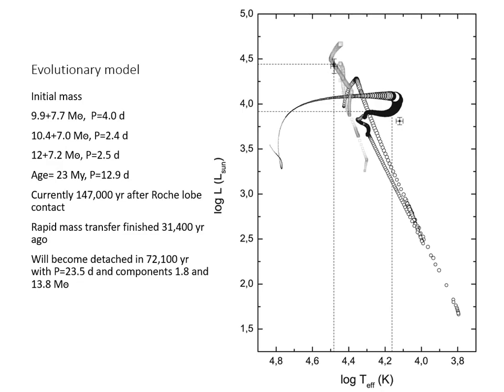Now, there are various attempts at modelling this. This is just 3 of them. So the initial masses were reckoned to be 9.9 and 7.7, 10.4 and 7, 12 and 7.2, with periods of 4 and about 2.5 days.